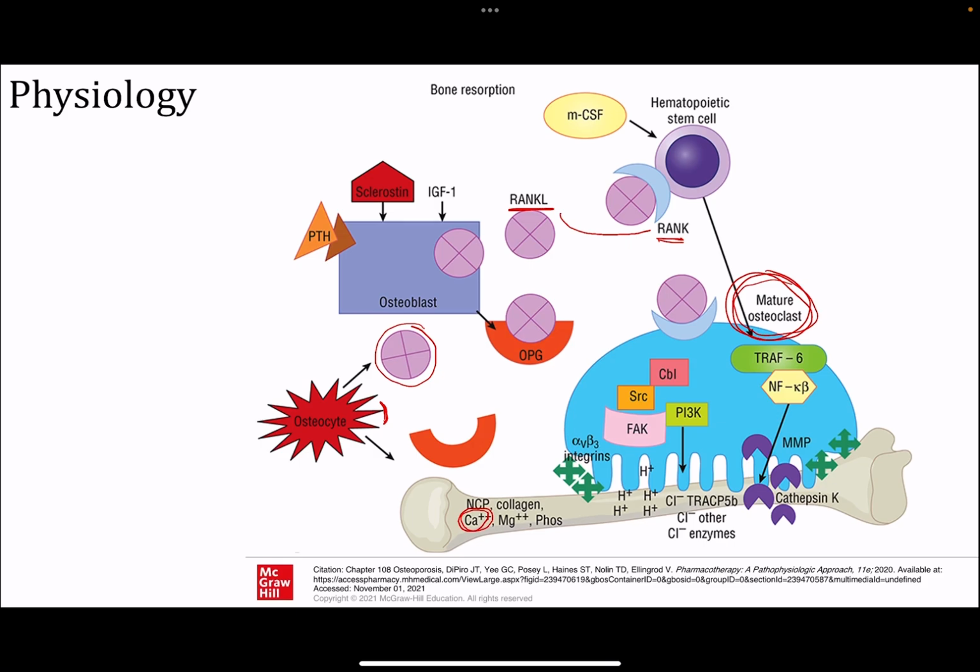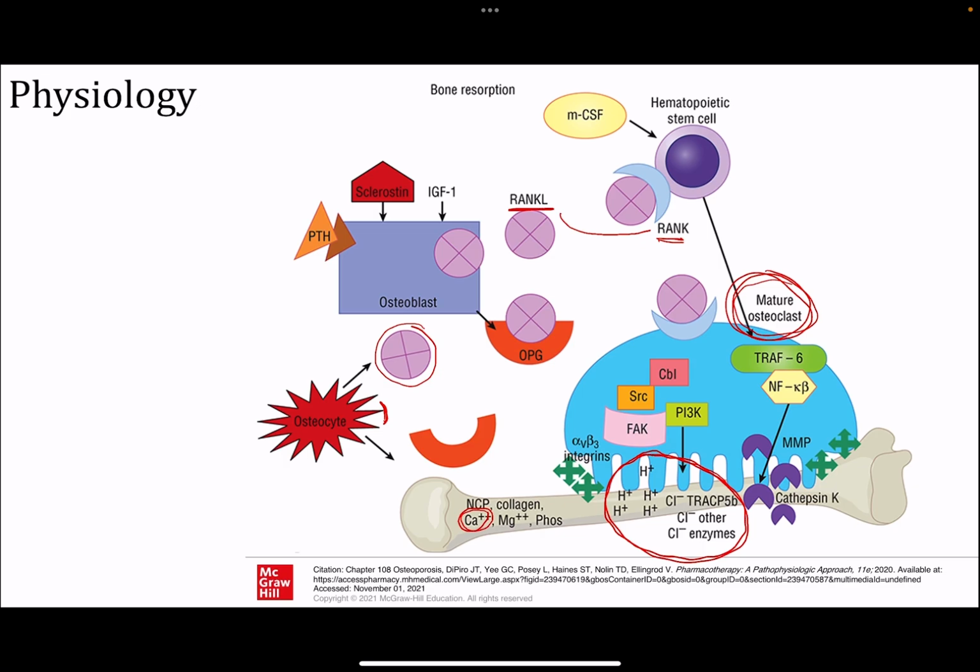And all this here that occurs inside the cell, it's just a signaling that tells the osteoclast to release some enzymes here to break down the bone. Now, once that cavity in the bone is created, then we have the osteoclast alerting the osteoblast to form new bone and fill in the cavity.